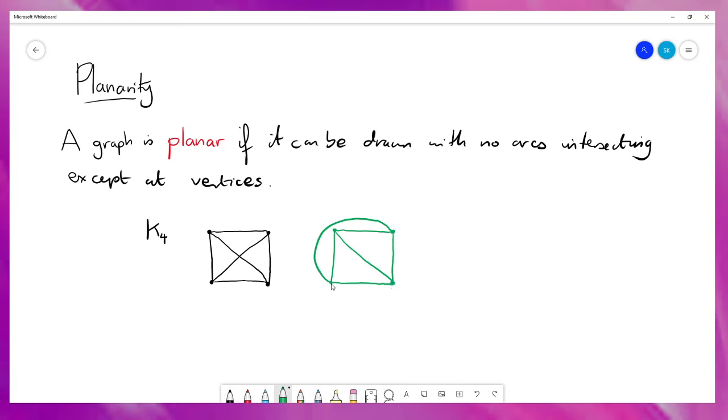Now that doesn't mean that this graph is not planar, and this one is. Both graphs are planar because these are equivalent. These are the same graph, just drawn in different ways. So the graph K4 is planar.